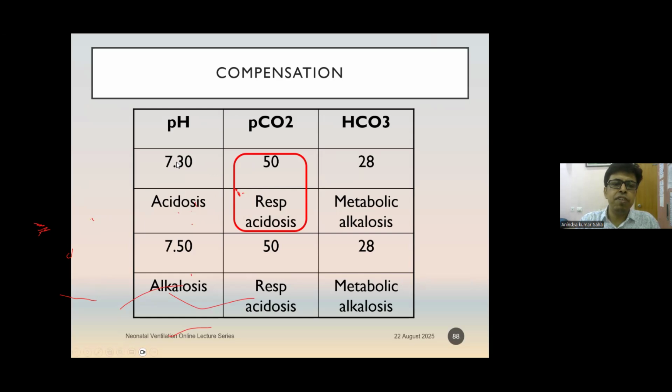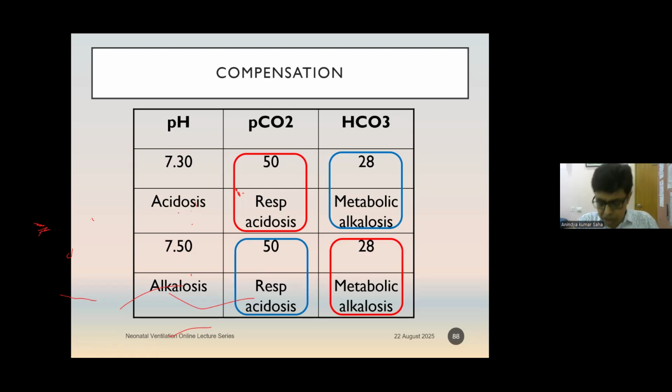In the first example, 7.30, the primary problem is respiratory acidosis, whereas the metabolic alkalosis is the compensation. Whereas in the 7.50 metabolic alkalosis, the respiratory acidosis is the compensation. This way compensation occurs.